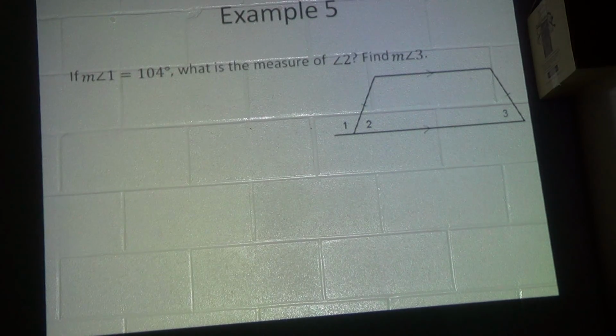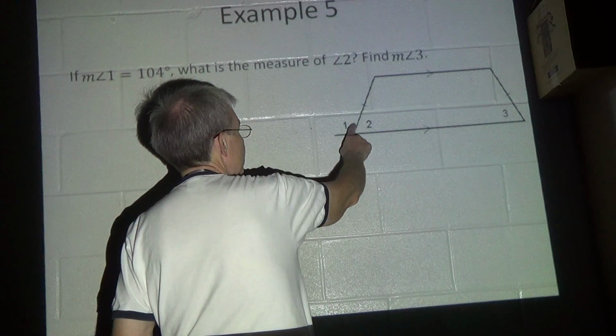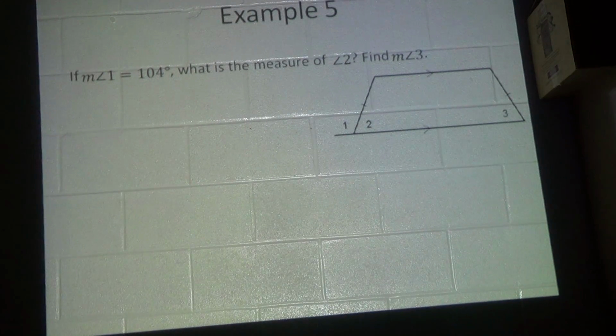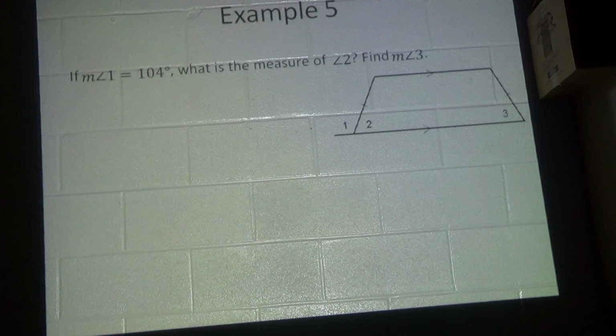Okay, so if the measure of angle 1 is equal to 104 degrees, what is the measure of angle 2? Here's this angle out here that they gave us. We know it's an isosceles trapezoid, so angle 2 and angle 3 have to be the same. These two angles right here have to add up to 180 because they form a linear pair.